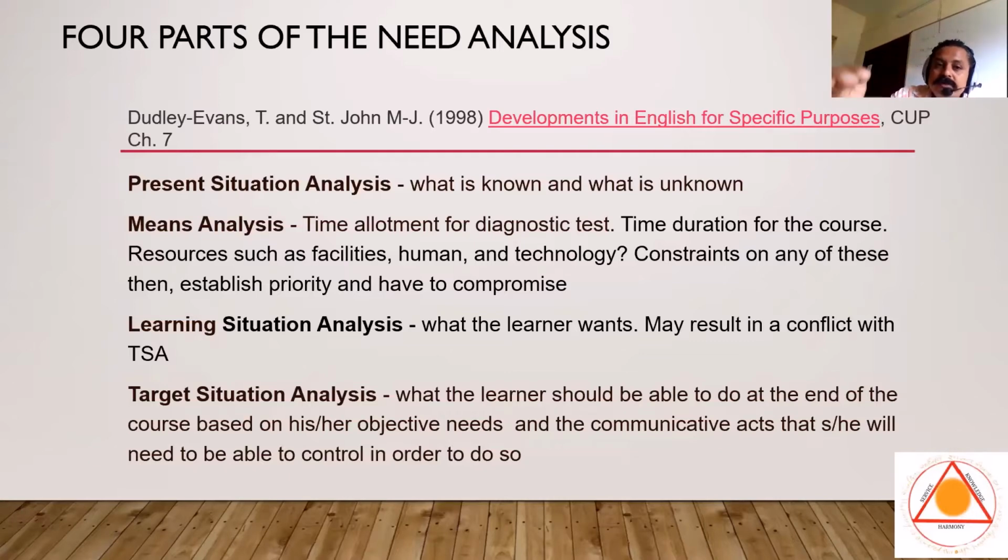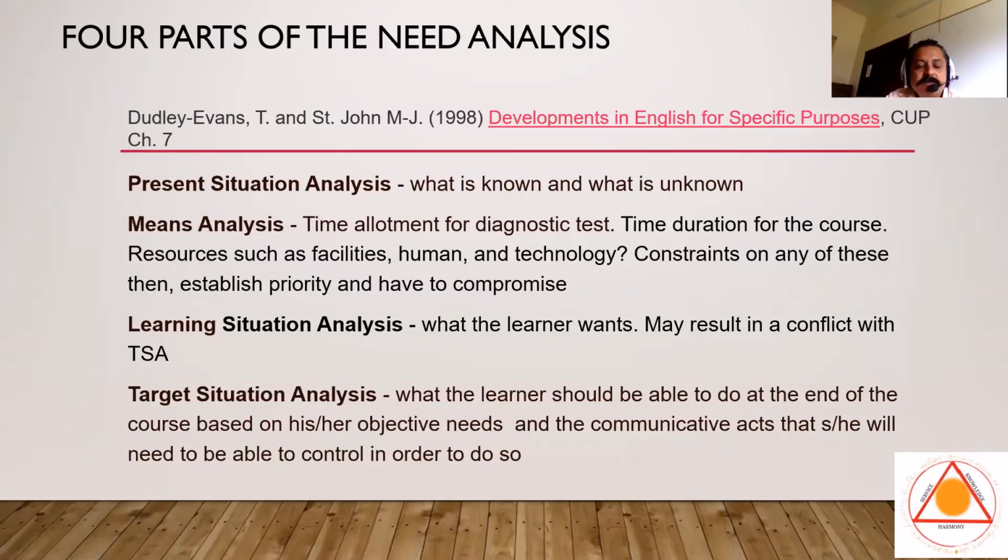So your first research on present situation analysis will give you an idea of what kind of time you require to invest.